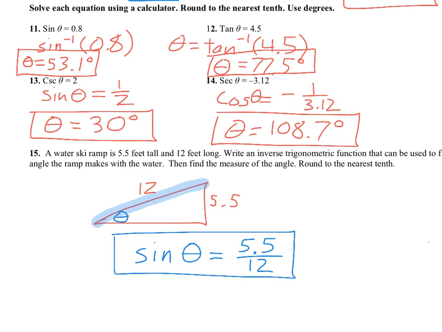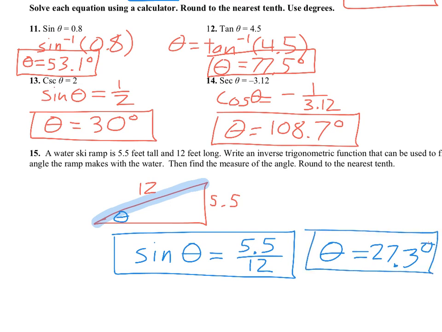Write a trig function that can be used to find the angle. And now actually find the angle rounded to the nearest tenth. So whenever you're solving for angles, you use inverse trig. So do inverse sine. So that's on your calculator, second sine, and then put 5.5 divided by 12 in the parentheses, and you get 27.3 degrees. Alright, that's all for 12.9.